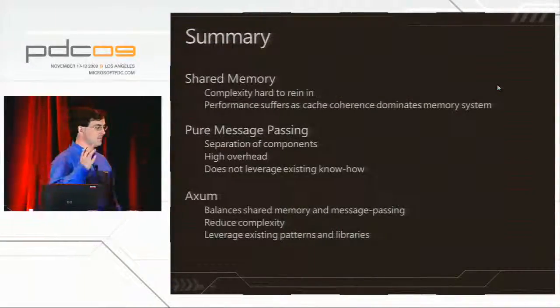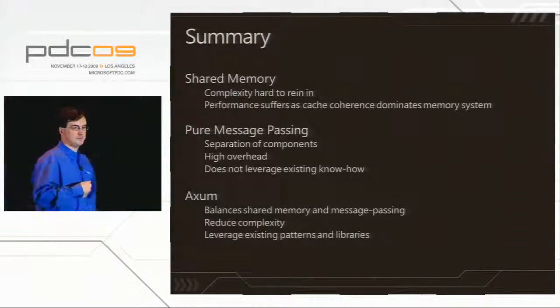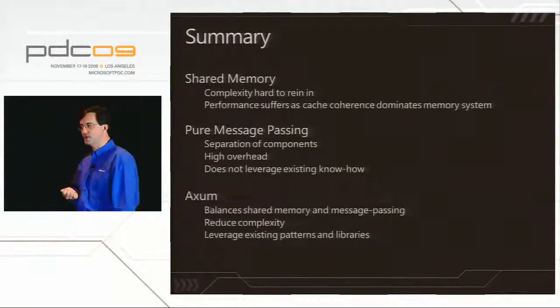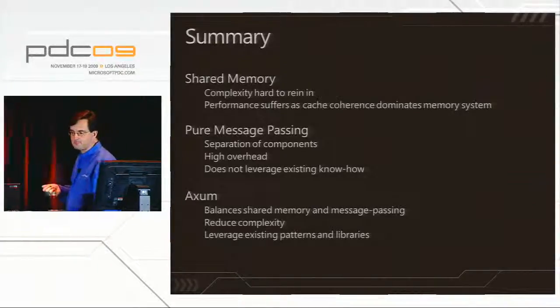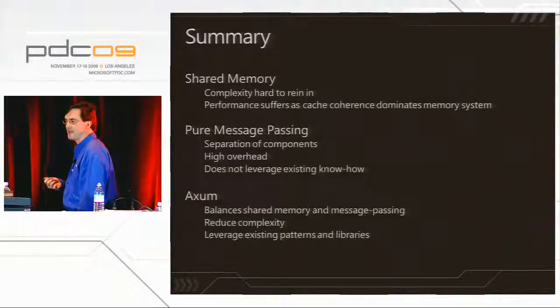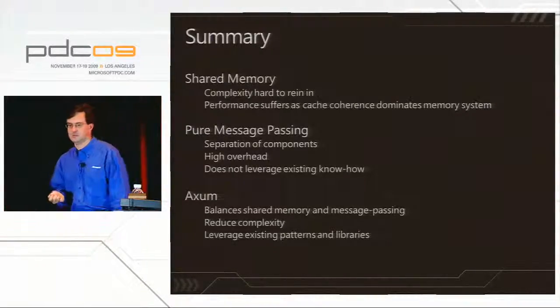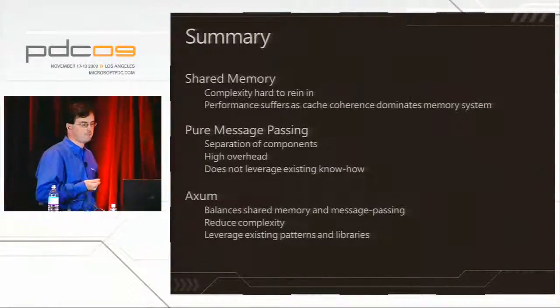So in summary, shared memory brings complexity, both from a perspective of the hardware, which has a hard time dealing with the cache coherence traffic resulting from false sharing and other things like that, but also from a process perspective, and that may be even more important, right? Because that's, to some extent, just raw cost to an organization building software.